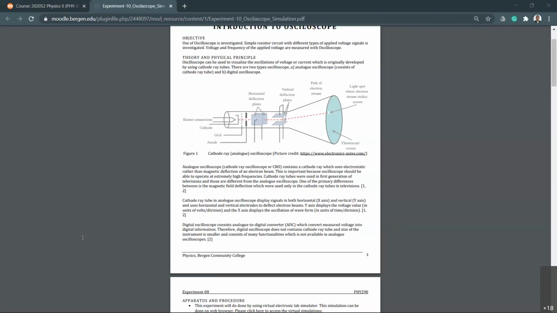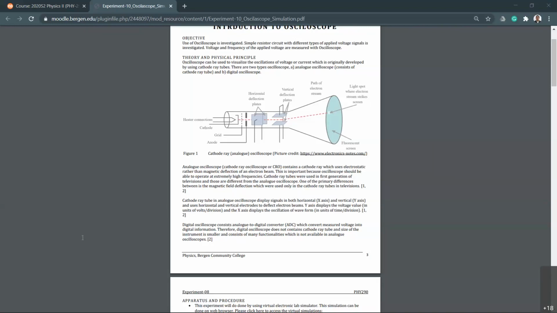The basic difference is that the digital oscilloscope has an analog-to-digital converter. Technically, you give the analog voltage, and inside it has a circuit which converts the analog signal into a digital signal. Then you can see it easily in digitized form. So that's the only difference. Other than that, the basic functionality is the same.